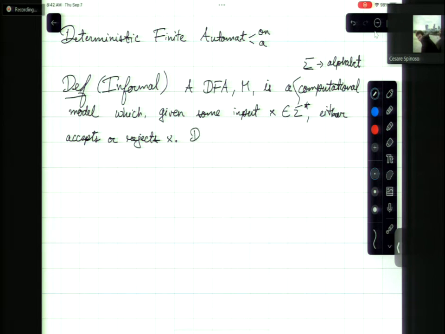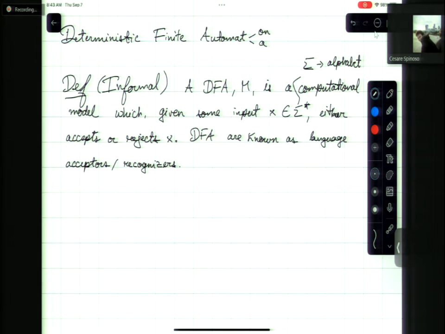So DFAs are known as language acceptors or language recognizers. So given an input string x, they either accept or reject them. So far, so good? Yeah, okay.